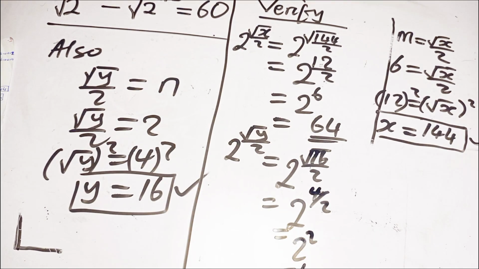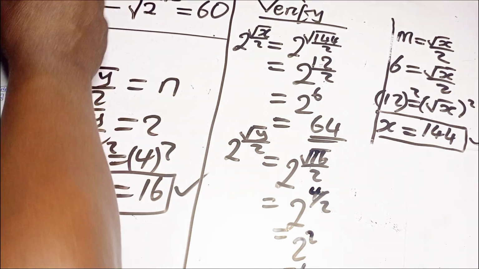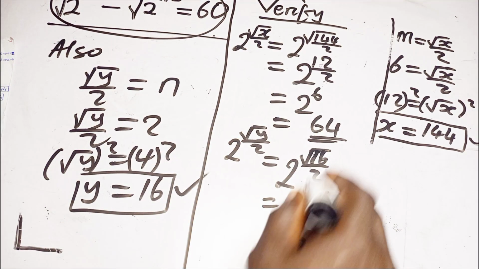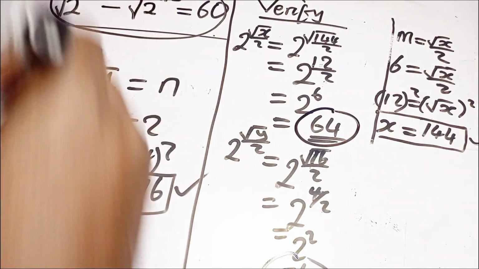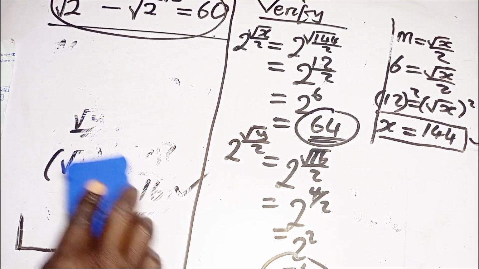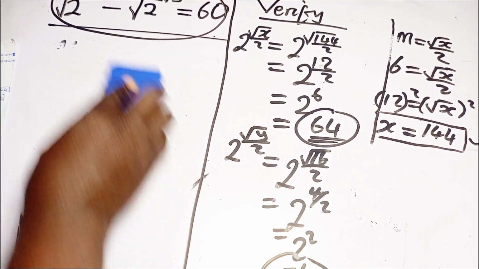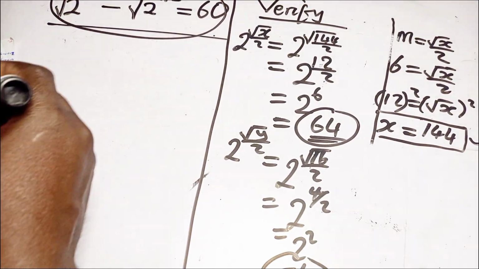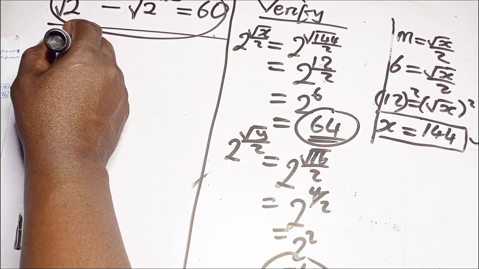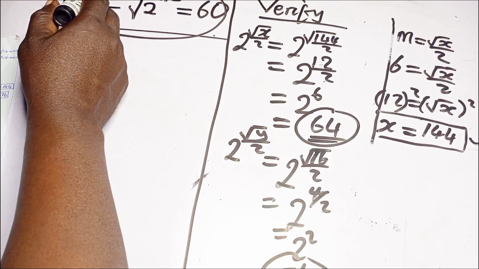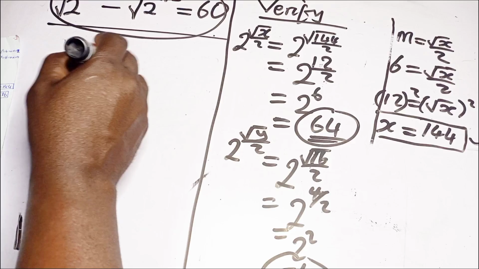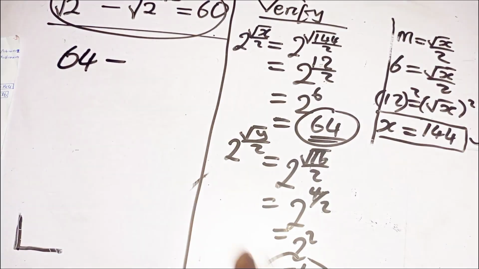Alright? Now, if we put those two values in our original equation, do we have complete agreement, the left hand side agreeing with the right hand side? Do we have 2 to the root x, which we found to be 64, minus 2 to the root y, which we found to be 4?